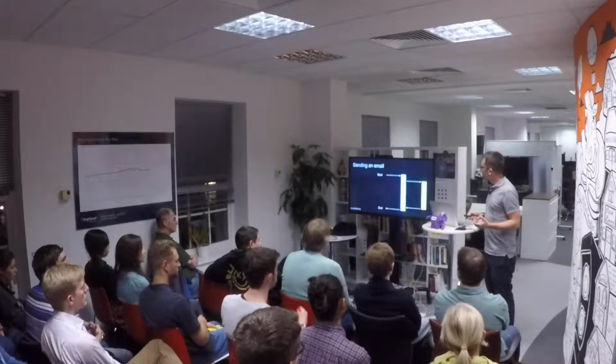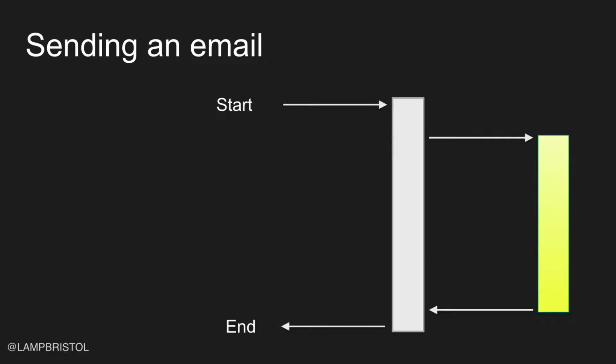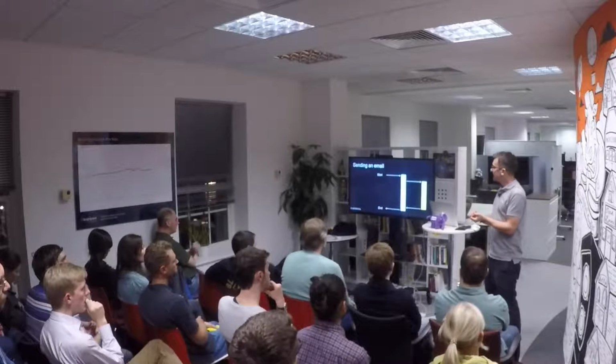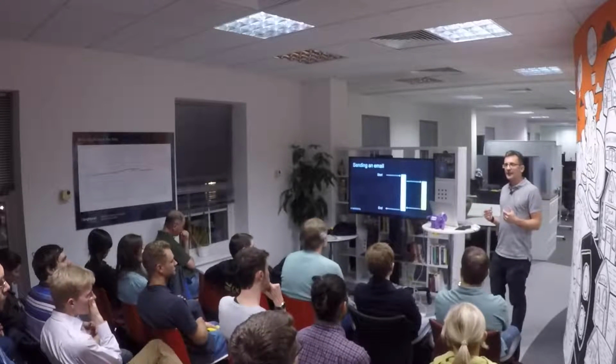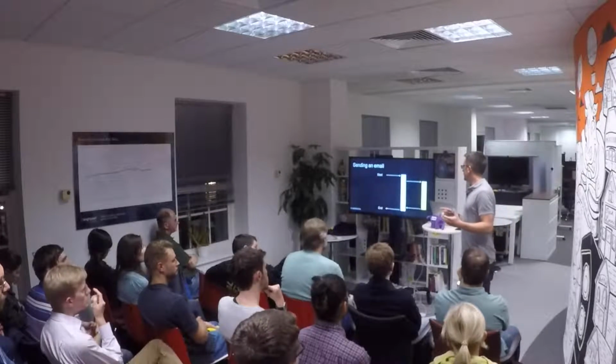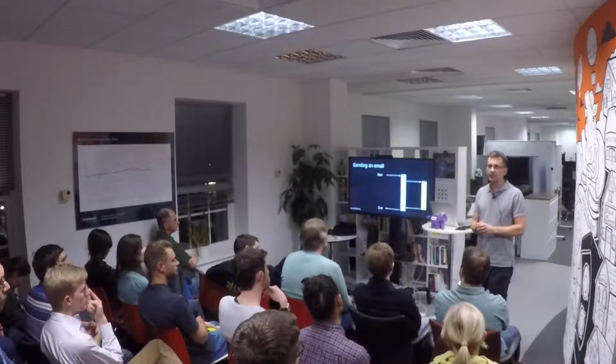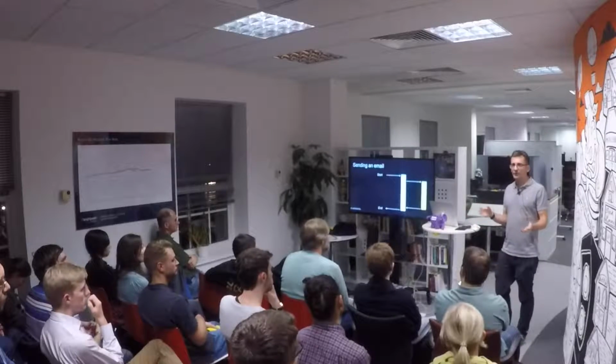So imagine we are sending an email as part of our request. Going back to our create user example, remember the first thing we did was store the new data in the database, and then we went off and sent an email. Now, generally when you're sending an email, you will probably be making some kind of network request, and generally that's going to be a lot slower.